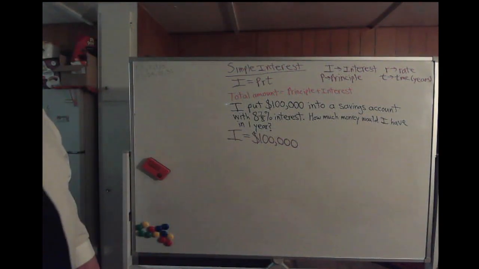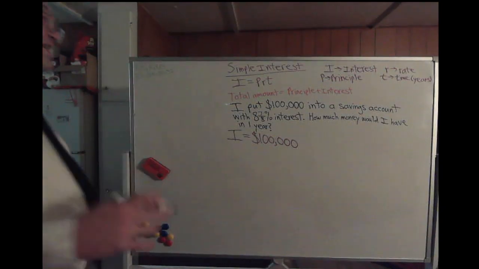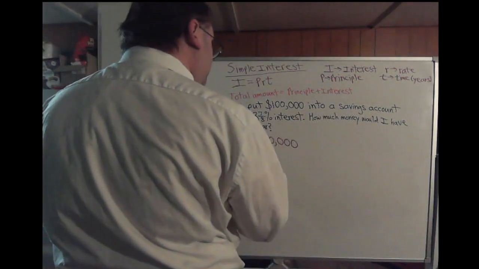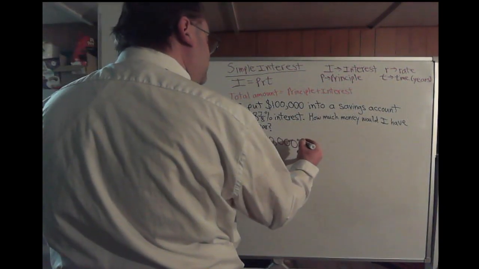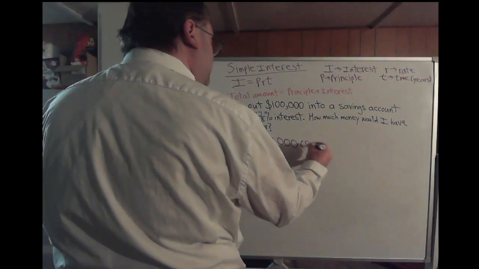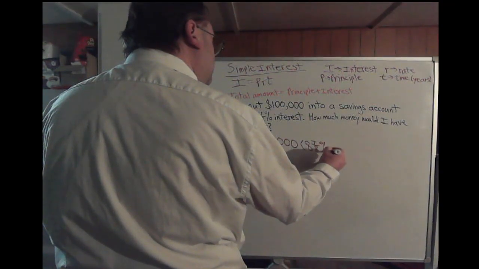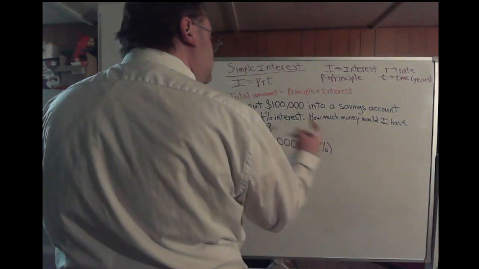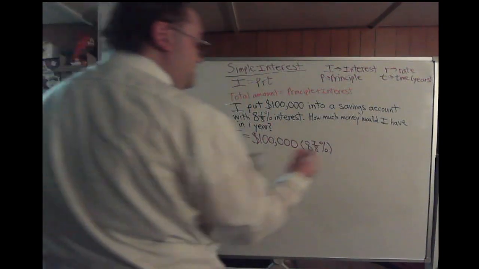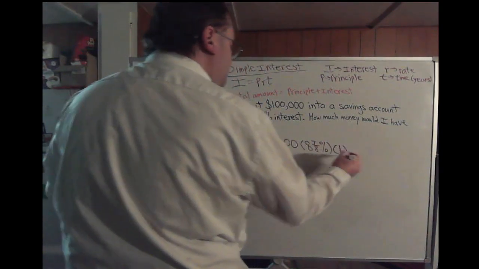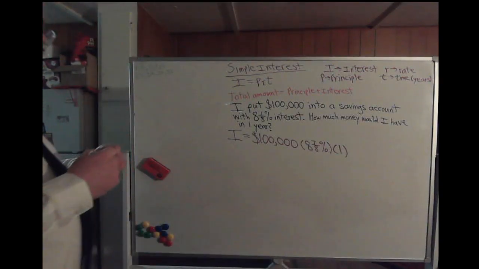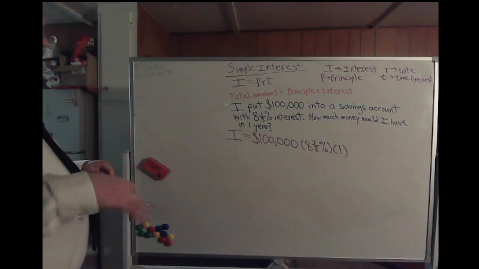I will gladly help share that with you. So the principal of $100,000 times the rate, which is 8 7/8%, times T, which is 1 year. The times 1 will be whatever that is, so we don't even have to worry about the 1 anymore.